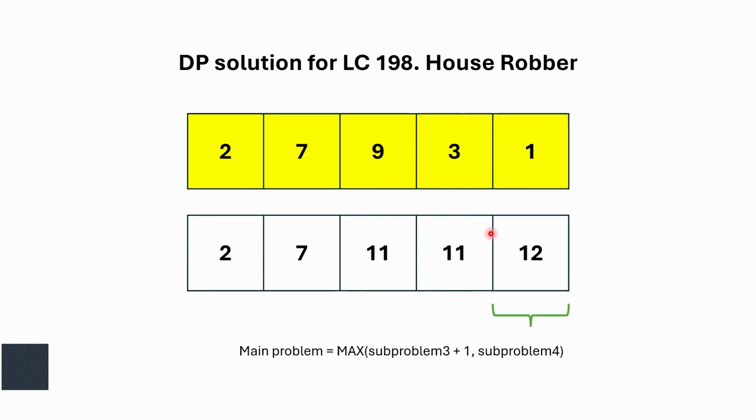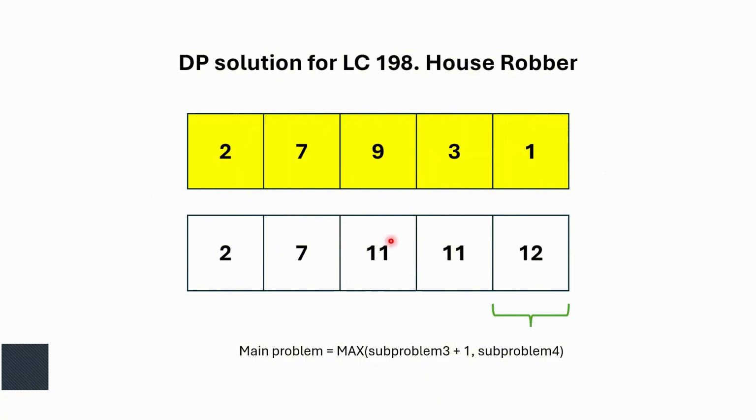And finally, this is subproblem 5, or maybe we can call it the main problem, because the question is essentially what's the maximum amount of money that I can rob from the first house up to the last house. That's basically the problem itself. So again, we decide either to rob this house or ignore this house. If we rob this house, then we must ignore the adjacent house, and then we can rob everything we can without violating the constraint up to this house, right?